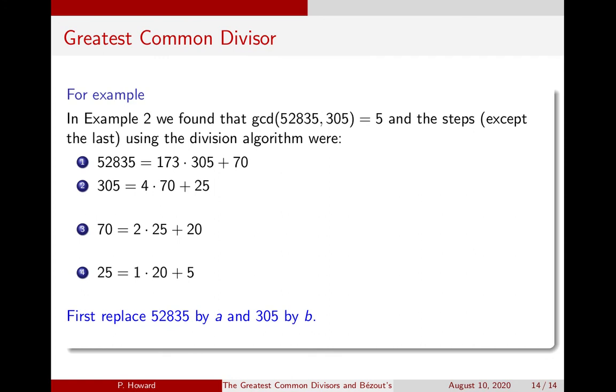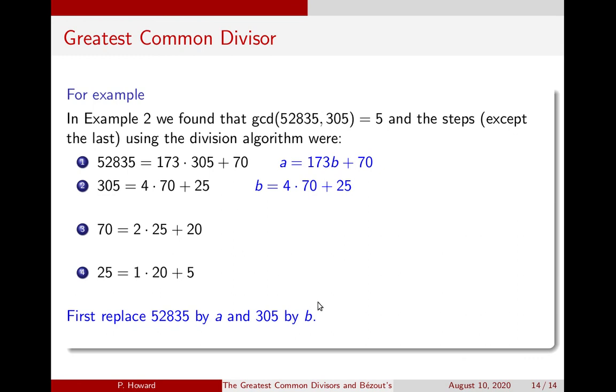So you don't have to do this, but I strongly suggest that you do when you're using this procedure. Okay, so here we go. The first equation with 52,835 replaced by A and 305 replaced by B would look like this. And in the second equation, 305 occurs, so we're replacing the 305 by B. So we now have the replacements A and B in the first two equations.